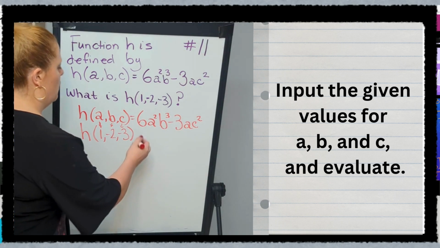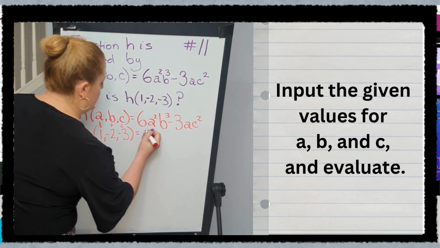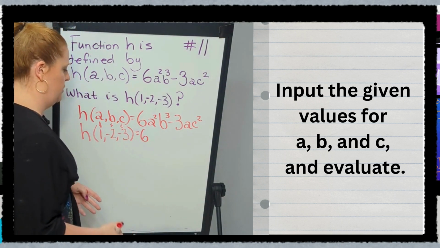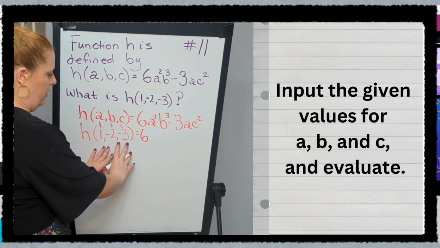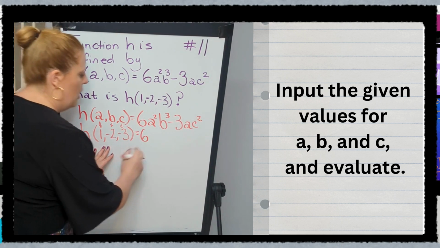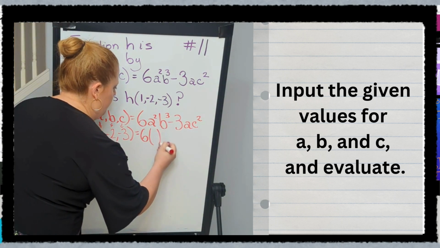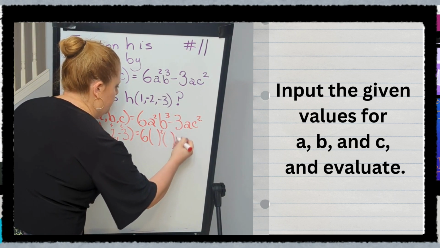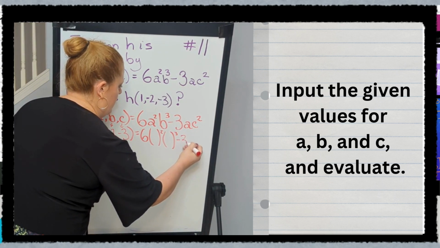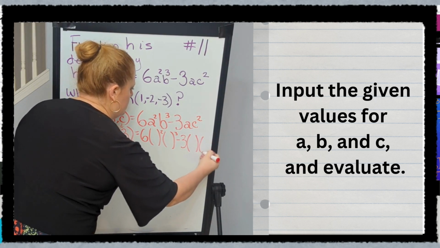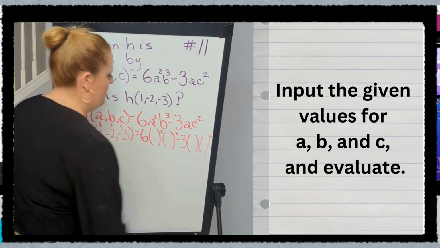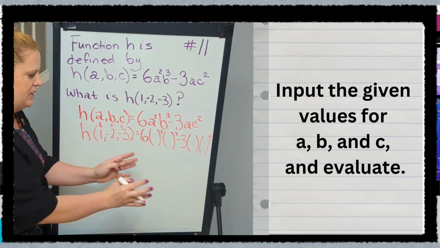Okay? So all we have to do is plug in or substitute in our values for a, b, and c. Always use your parentheses. So what I did is I made my parentheses first.